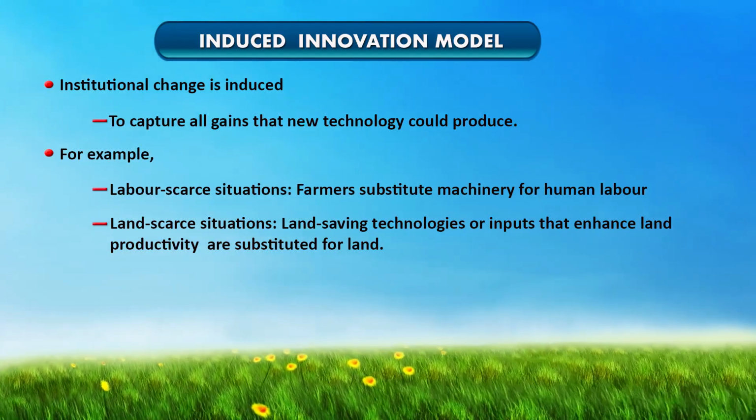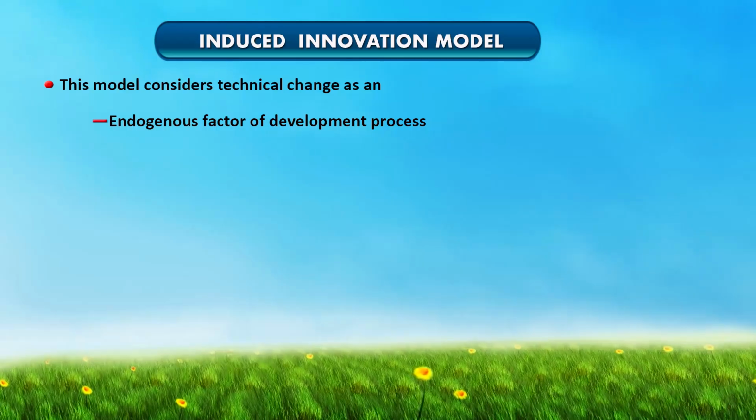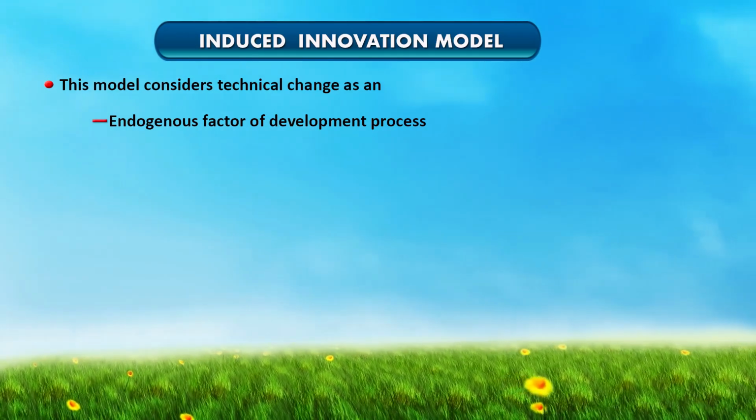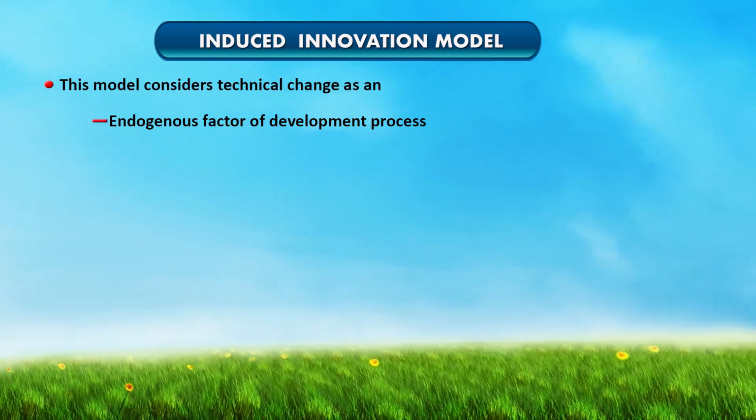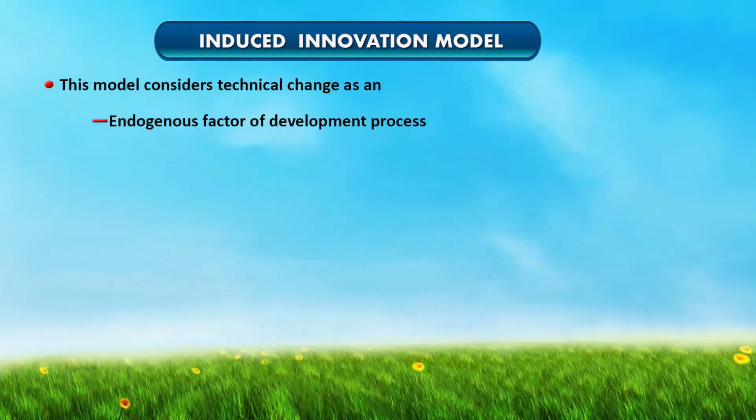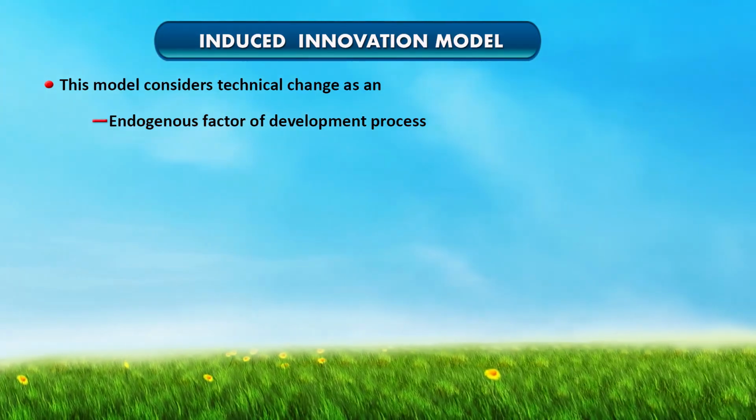So based on the availability of resources, we need to develop new technology, and to take advantage of it, we need to develop institutional resources and bring institutional changes in the economy. This induced innovation model considers technical change as an endogenous factor of the development process.